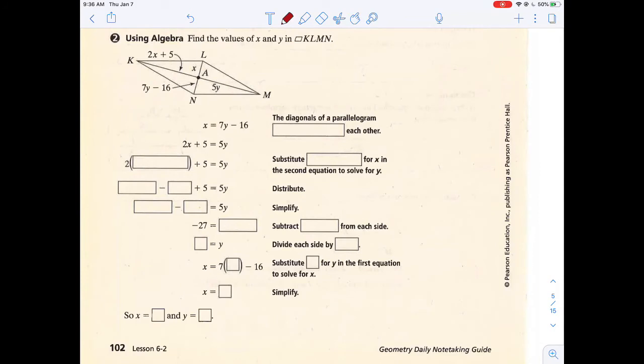Alright, another using algebra problem. Find the value of x and y in quadrilateral KLMN. We know that the diagonals of a parallelogram bisect each other. So we know that x should be equal to 7y minus 16 because of theorem 6.3.